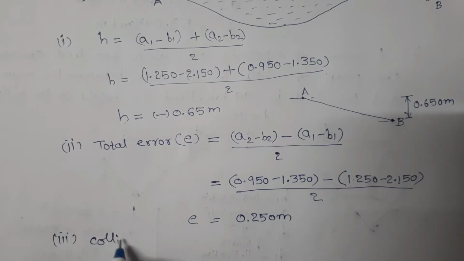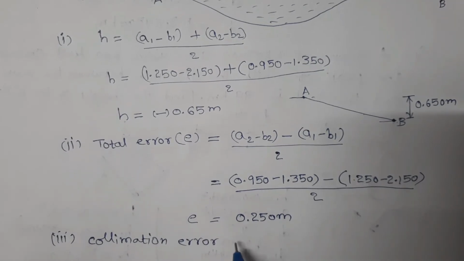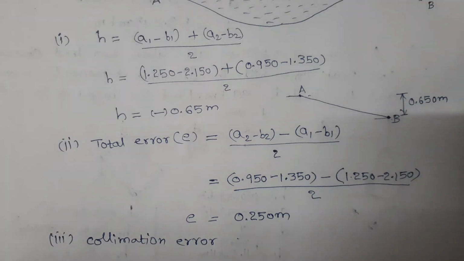Third question is collimation error. The collimation error is calculated by considering the combined effect of curvature and refraction.